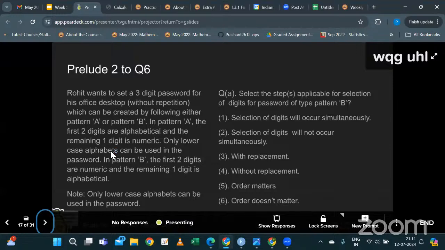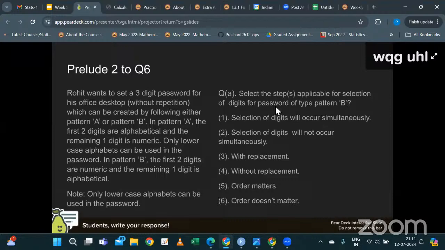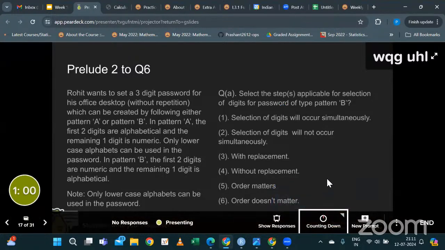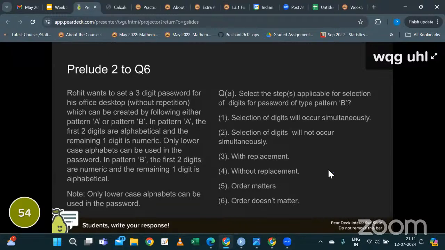Okay. Now the question is the same. Here you have to select the options which are the applicable steps for the password of pattern B. I'm going to give you 1 minute. I think this is very straightforward. You have to think about simultaneous, with replacement or without replacement. With replacement and without replacement are the same as with repetition and without repetition respectively.